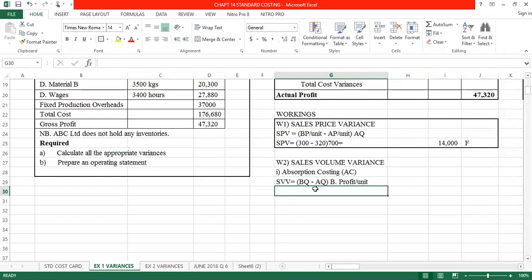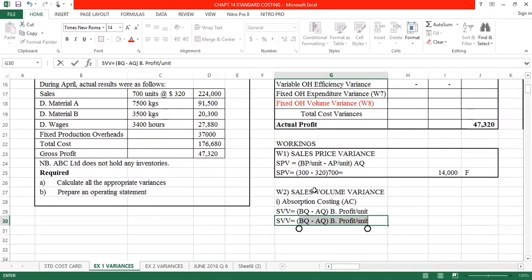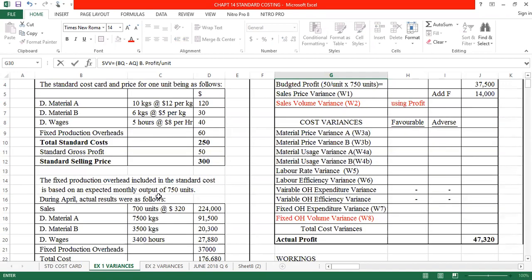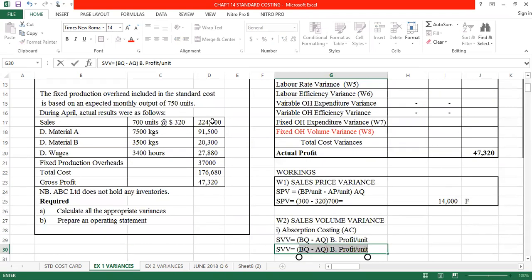So in this case, look at what I'm doing. Sales volume variance is equal to, what is our budgeted quantity? It is still there. It is 750. So in this case, 750 is what we budgeted to sell, minus 700 is what we actually sold, times budgeted profit.